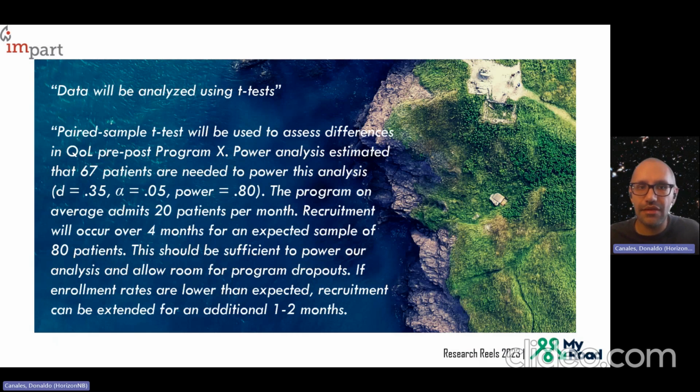And then you talk about recruitment. So 4 months is enough to get 80 people and allow some room for dropouts. But if you don't get the 67, you can extend the program for a bit of time. So there's a backup contingency plan built into the study. So, good analysis plan versus not so good analysis plan.